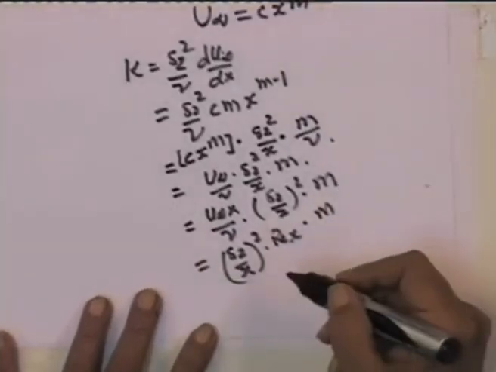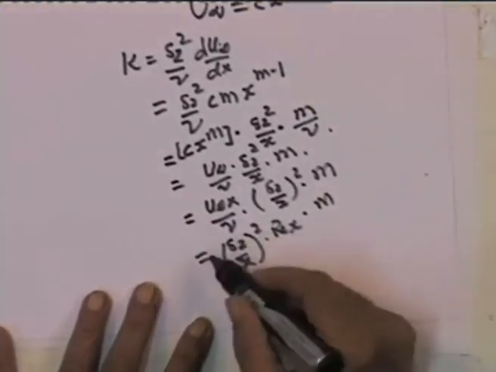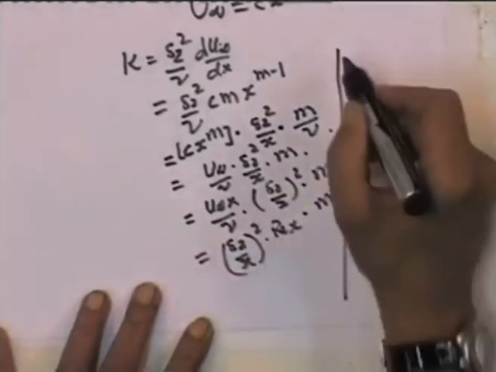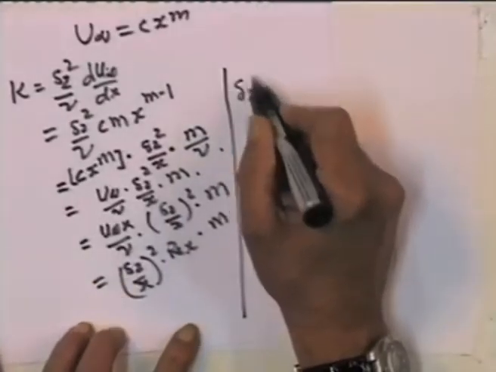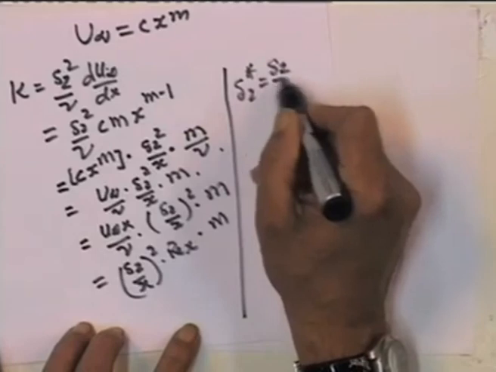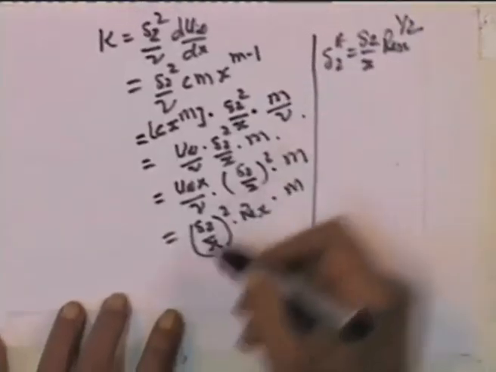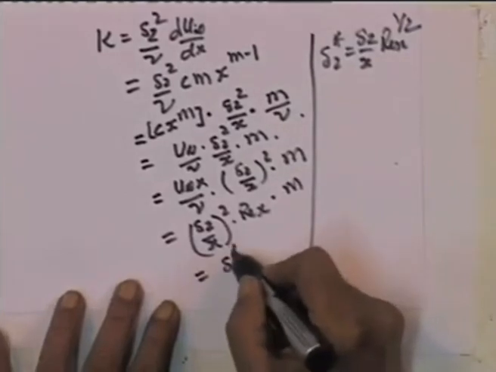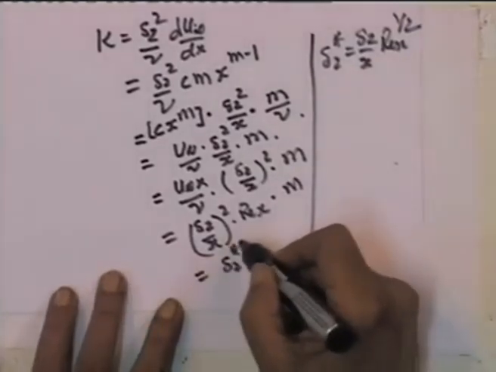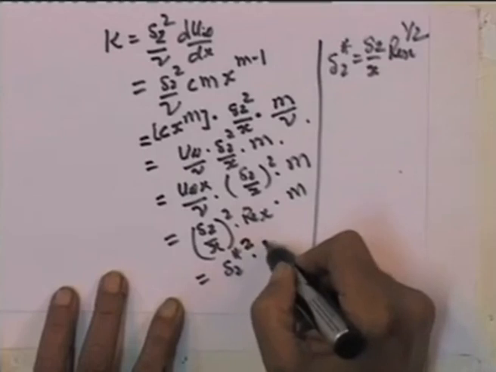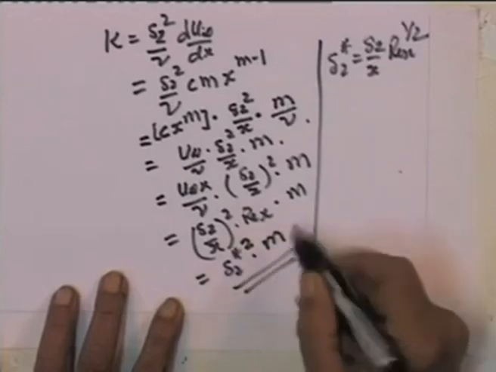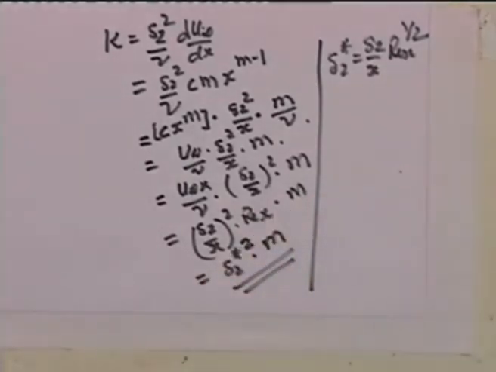Now, if you recall, in our similarity method, we had defined delta 2 star as delta 2 by x Re x to the half. So, this essentially becomes delta 2 star squared into m, and that is what I showed here.